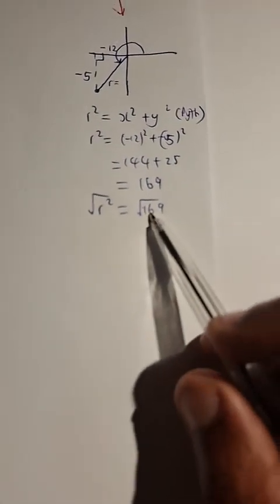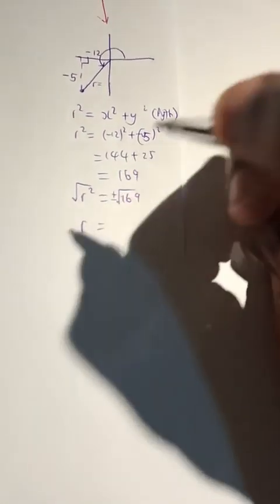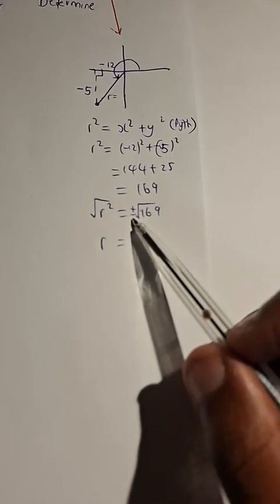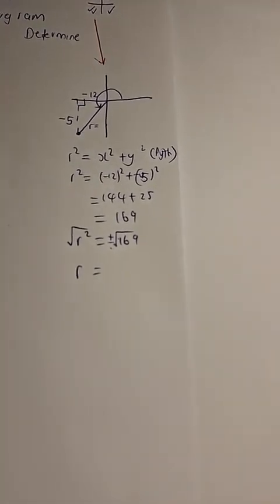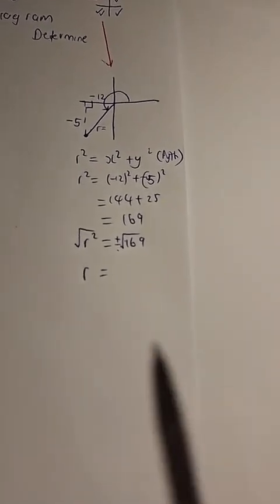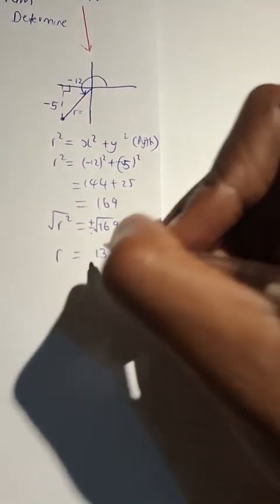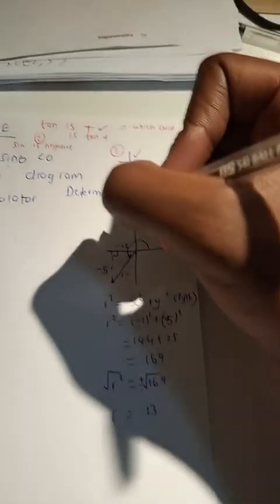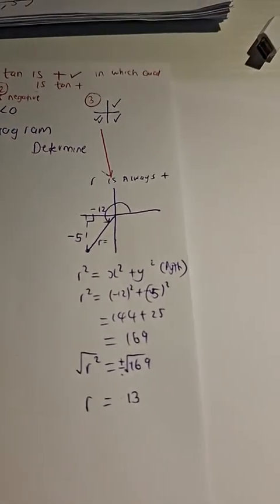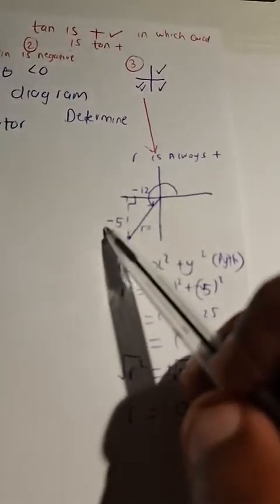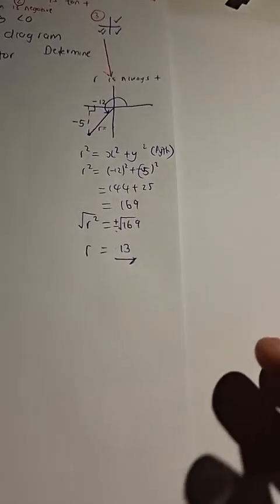Really and truly now. Okay, so r is equal to, we write the plus minus. The minute you take the square root on both sides, guys, you put plus minus. Why? Because the answer could be a positive answer, it could be a negative answer. So for an equation, we put plus minus. Then we know, and I said yesterday, that r is always positive. R will never be negative. It's only x and y that change according to the quadrant you are in, but r is forever positive.